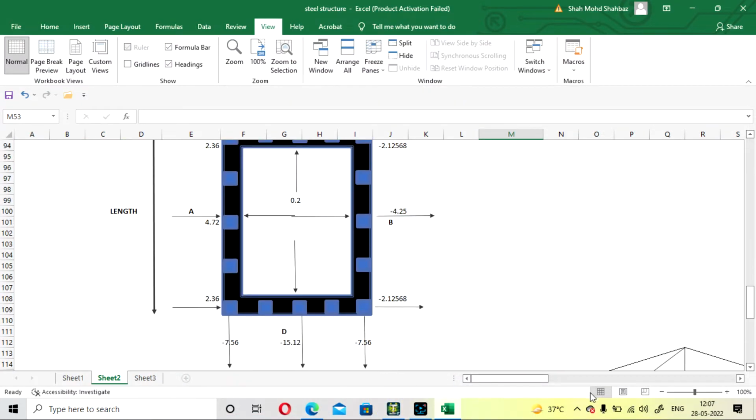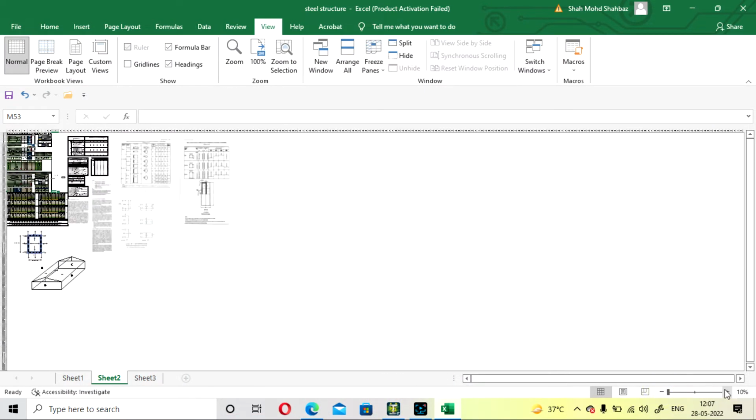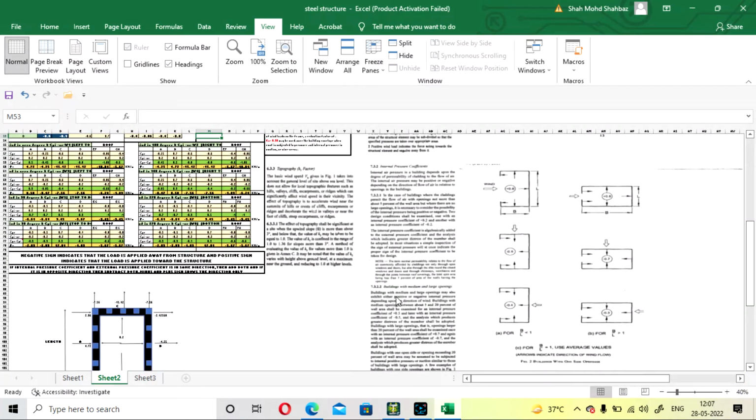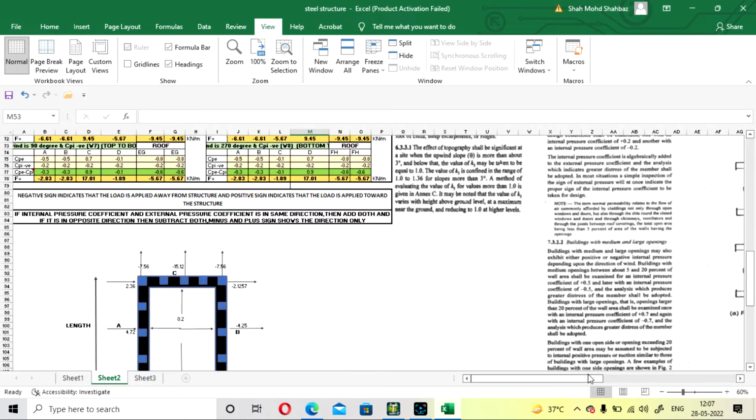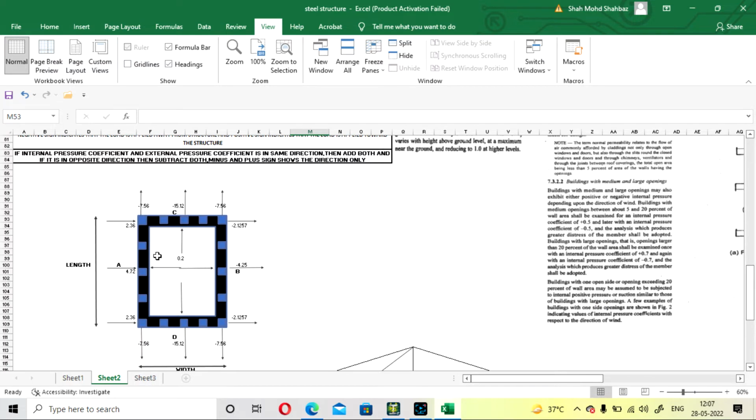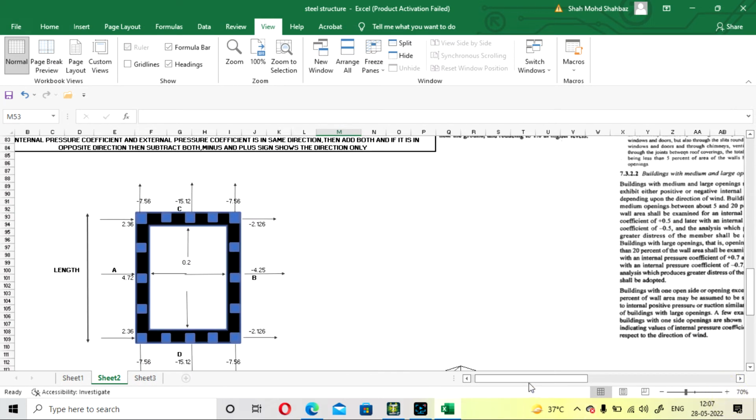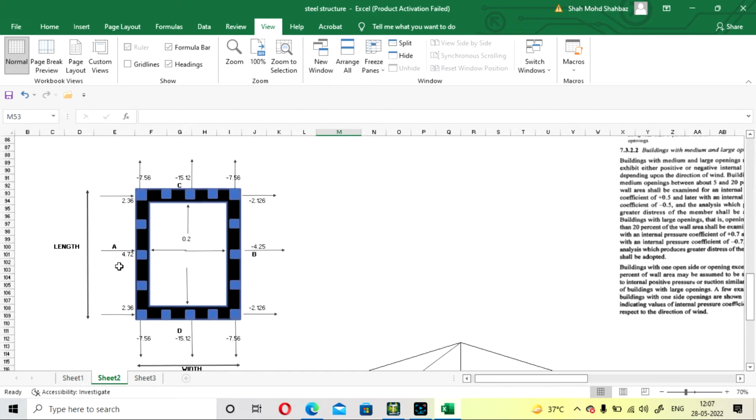Here we have also added the plan. Sorry, plan and elevation. This will be the plan and this will be your columns. So how will wind flow at 0 degree with positive CPI, from left to right? This will be 0 degree, so wind will flow in this direction.